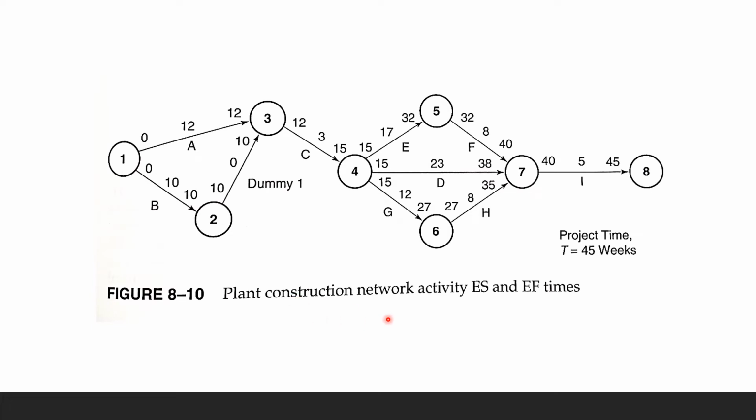Continue with your plant construction network activity, ES and EF times. We're going to go the same thing. We've got A and B, and then that's a dummy activity. Here, see, an automated mistake right there. That should be a dash line. It should be like this.